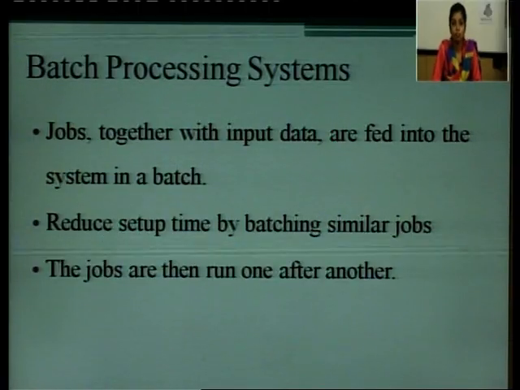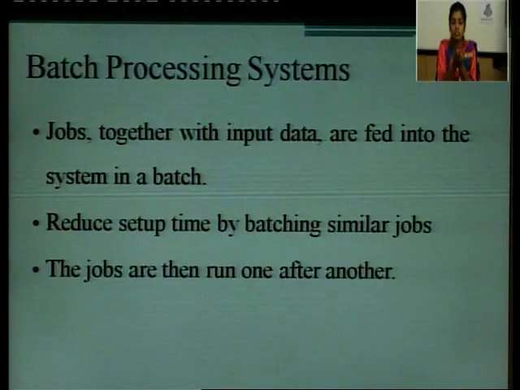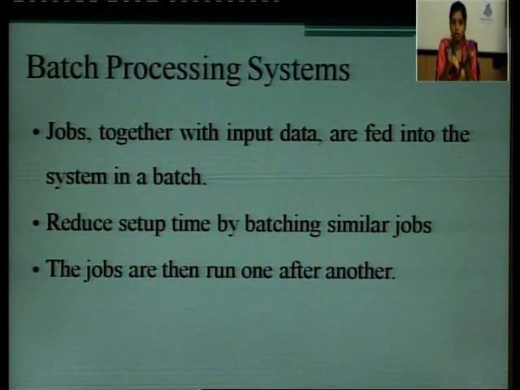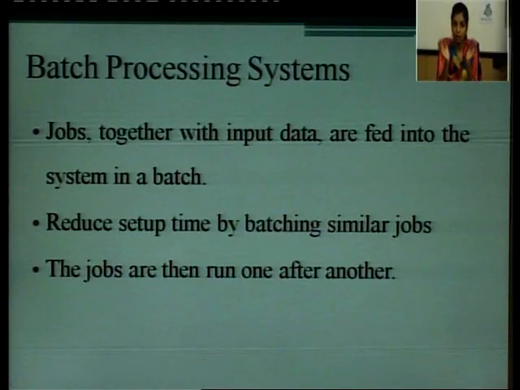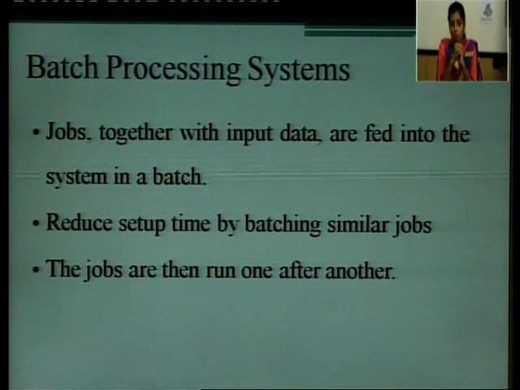First is the batch processing system. Jobs together with input data are fed into the system in batches. That means we collect some related commands together and make them into a batch, and that complete batch is executed together. It reduces setup time by batching similar jobs.